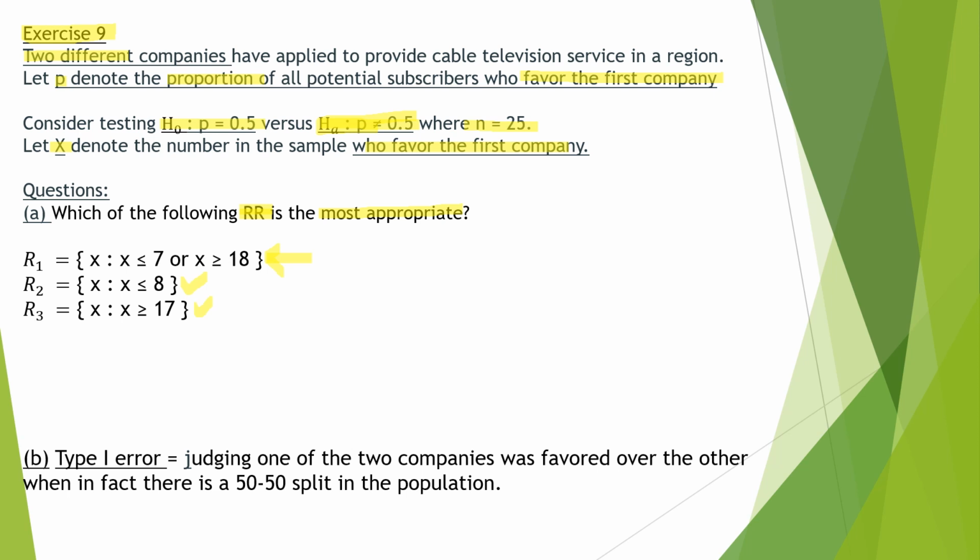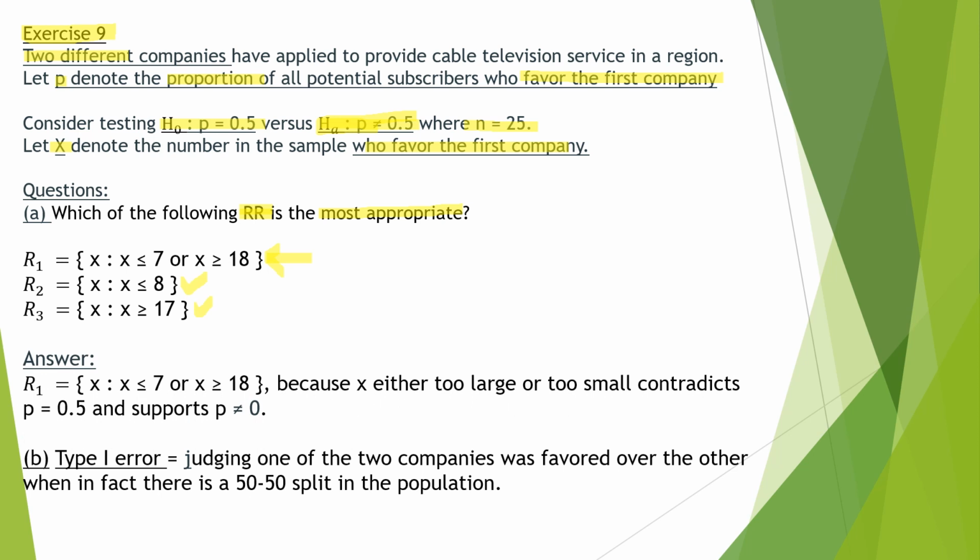And for all values where x is greater than or equal to 18, P will again be further away from 0.5. So rejection region 1 takes into account all of the cases. You can also see that our alternative hypothesis is not equal to, and not equal to usually comes with two cases. That's what we have in rejection region 1. So R1 is the most appropriate one.